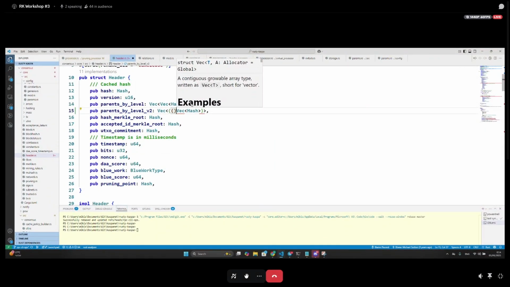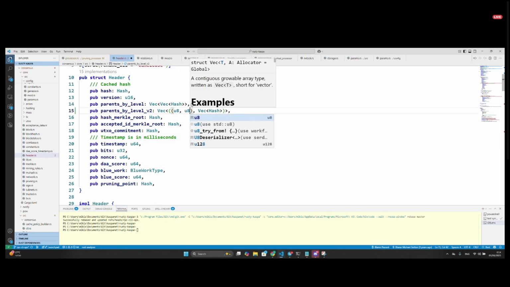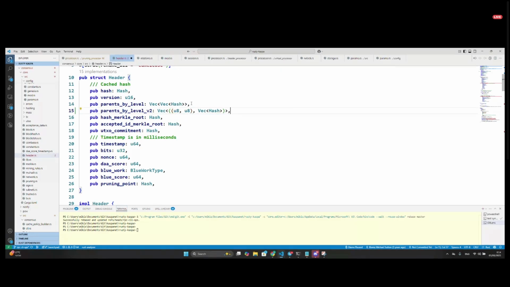I just think about it the most naive way. So you would save a range of levels for which this hash represents the parents. And then essentially you would map the header we saw before.